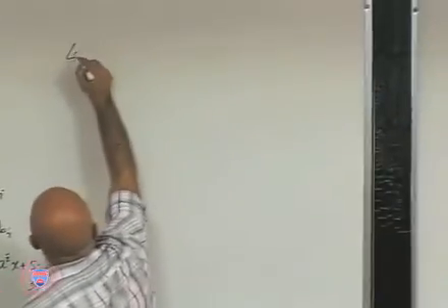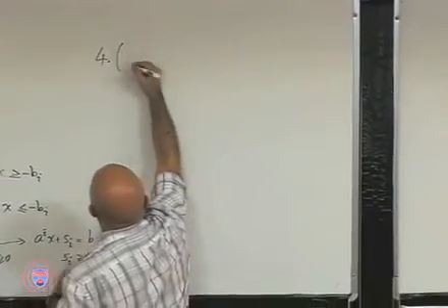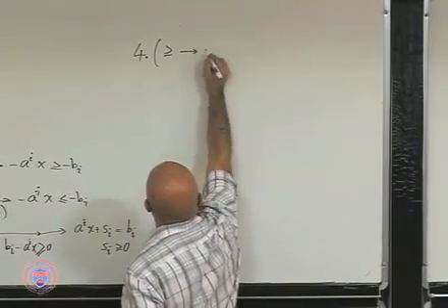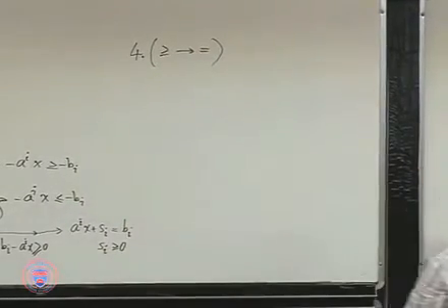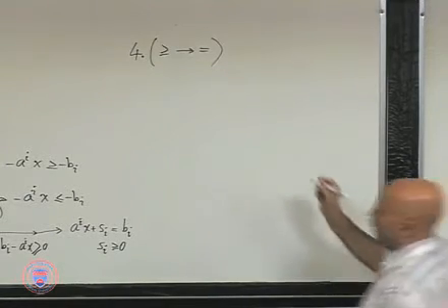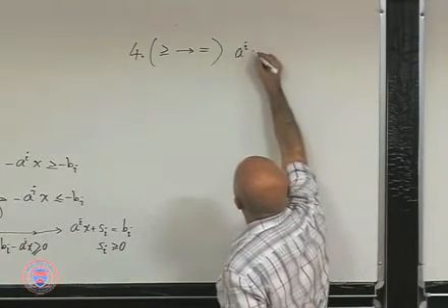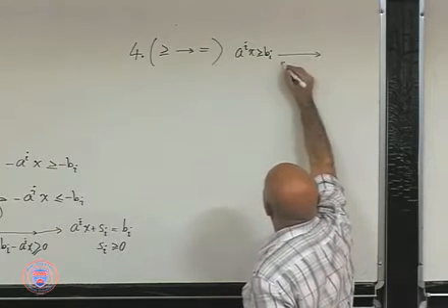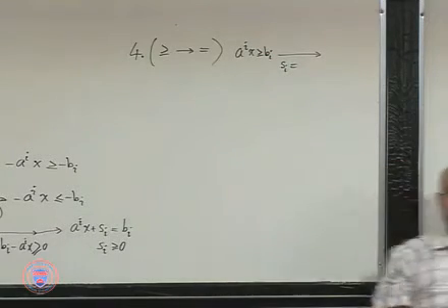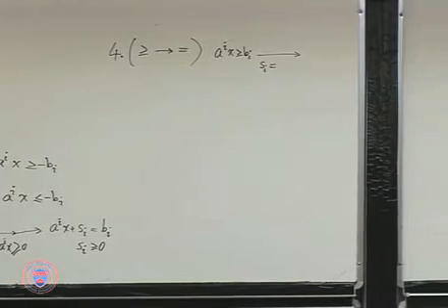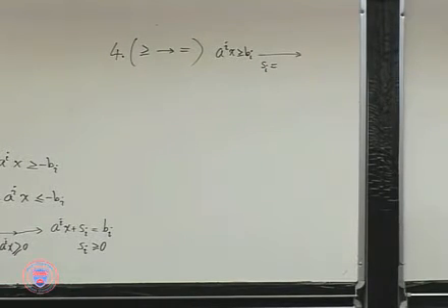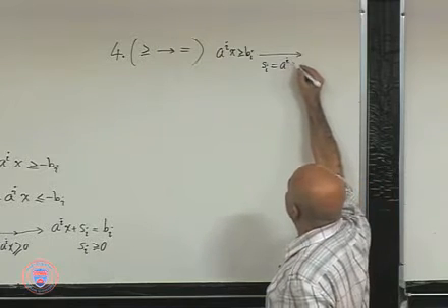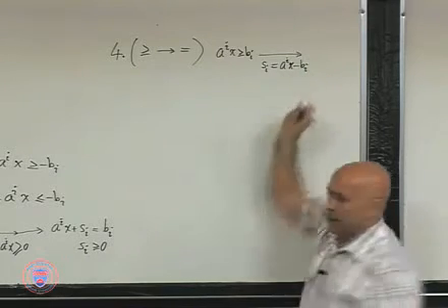Number 4, similar situation, except that we now have a greater or equal type constraint, and you want to make it an equality. In that case, you've got a_i x greater or equal b_i, and you define, again, a variable s_i. In this case, it's called an excess variable, or some people refer to it as a surplus variable. And that's, again, in this case, a_i x minus b_i.